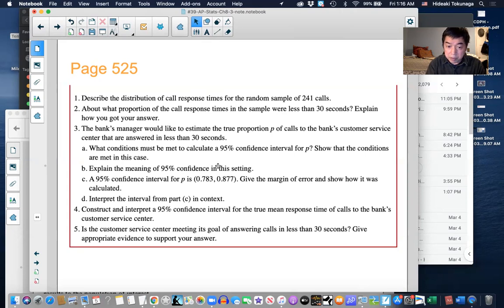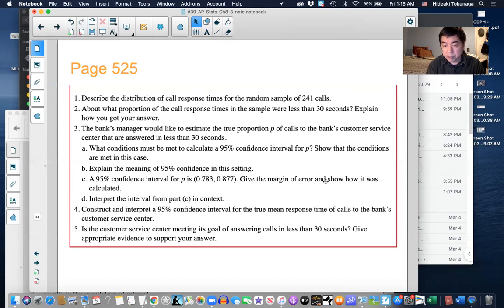We don't know the true proportion of the callers who are waiting less than 30 seconds, but most likely it's going to be in this interval. They gave you the answer already. A 95% confidence interval for P is 0.783, comma, 0.877. So this is the interval.